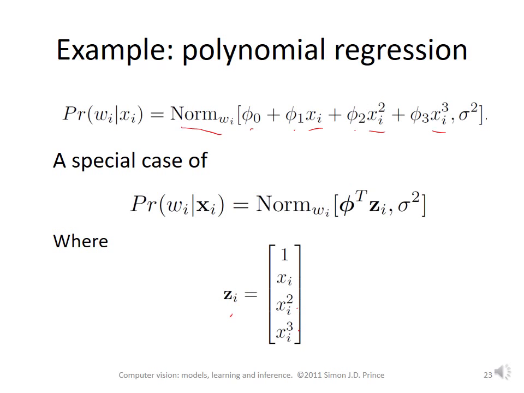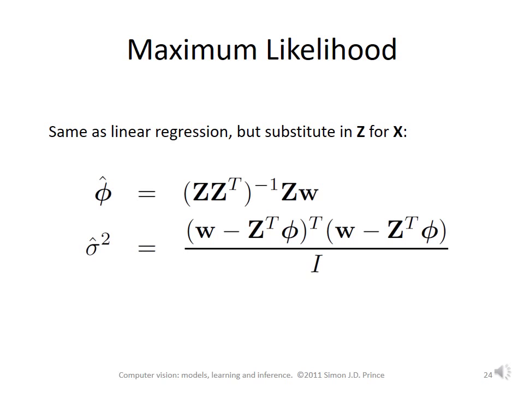With that as our z, we can now do everything we did before when we were solving for phi, but now we're solving for the phi's that help us model a nonlinear function, a nonlinear relationship between the inputs x and the output w. When we do the maximum likelihood version of that, you'll see that it's the same set of gradients, phi hat, as we had before, except now they're expressed in terms of capital Z, as in the data after it's been transformed by our nonlinear function.